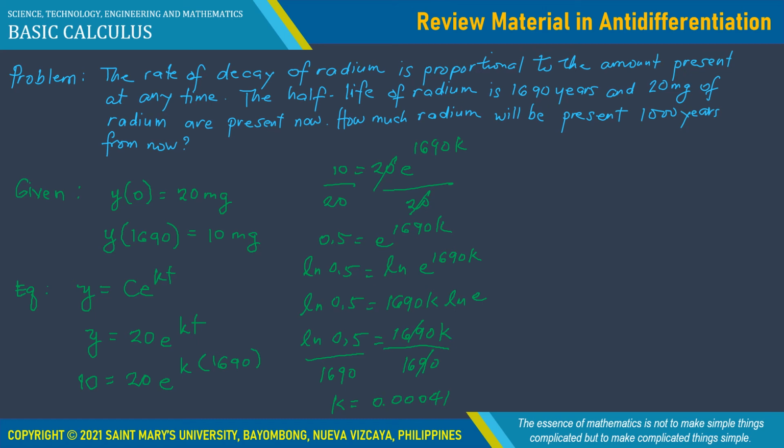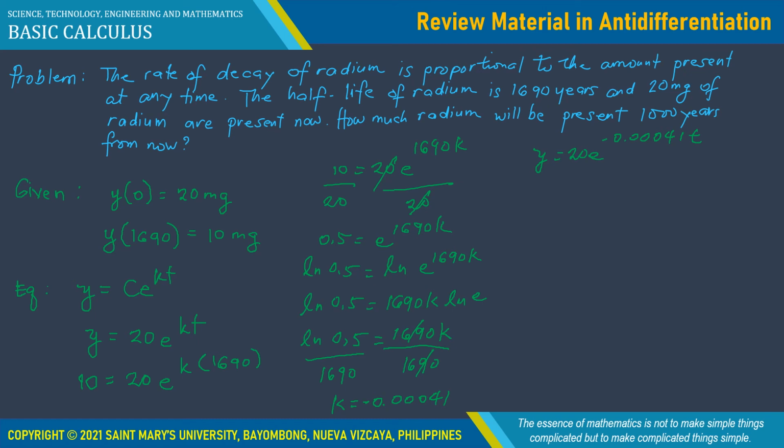Then babalik tayo dun sa ating original equation na y equals 20 e. Then meron tayo ng value ng k. Sorry, the value of k will be negative. Okay, so yun yung negative 0.00041 times the time. So ayan yung ating model.